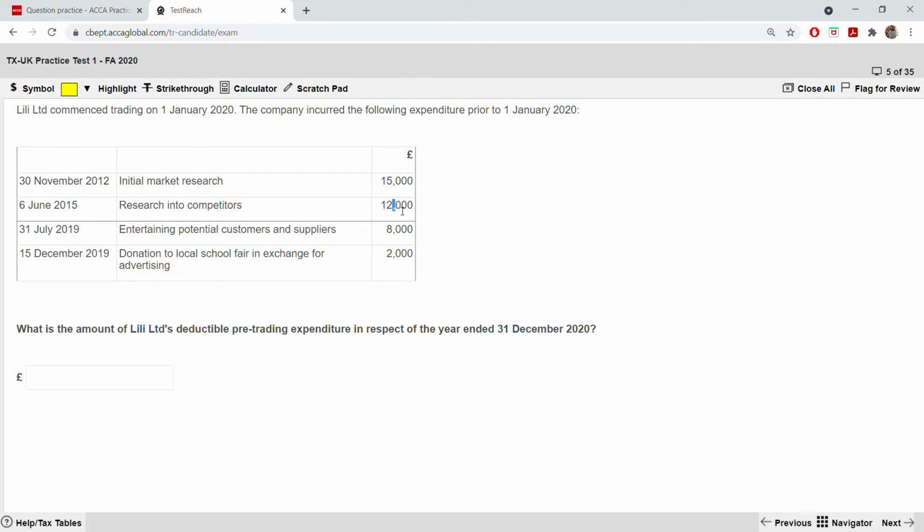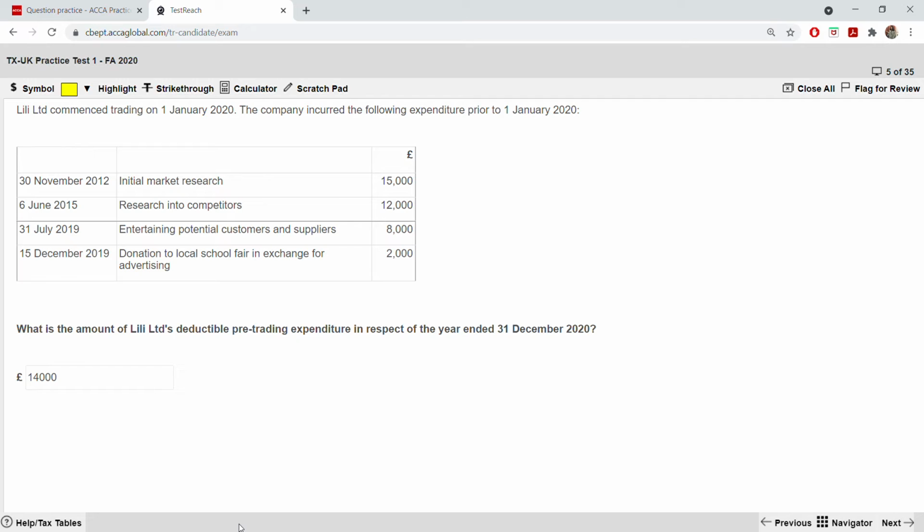First you can deduct this, then you can deduct this. Total 14,000 can be deducted. The question asked for deductible pre-trading expenditure. Initial market research and entertaining customers and suppliers are not deductible pre-trading expenditure. You cannot deduct them. So 14,000.